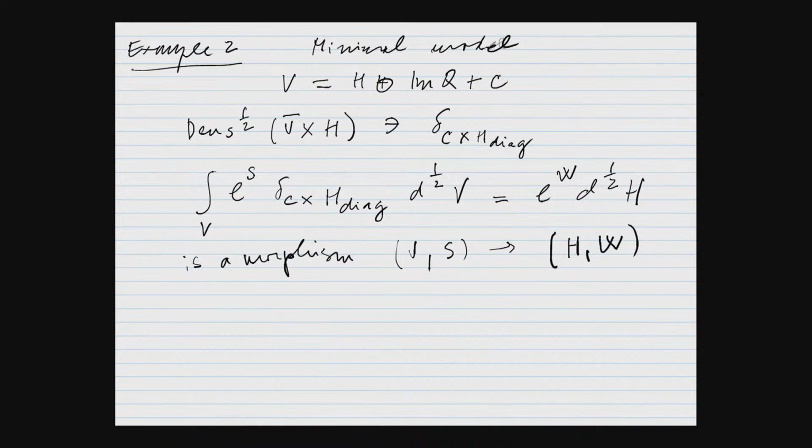You integrate your original exponential of the action in the Batalin-Vilkovisky path integral against this delta-supported semi-density, and you get the effective action. Sorry, that should be the volume form on the cohomology.